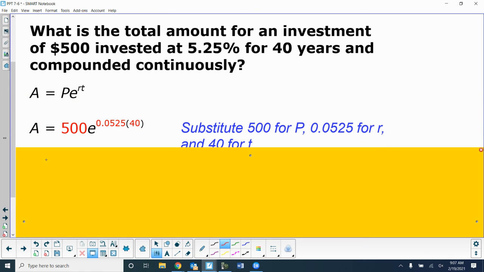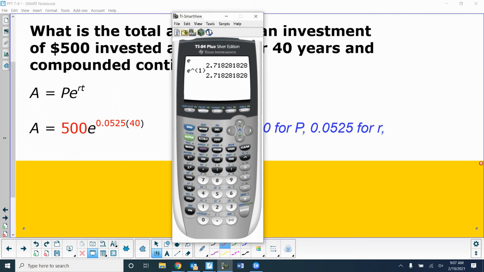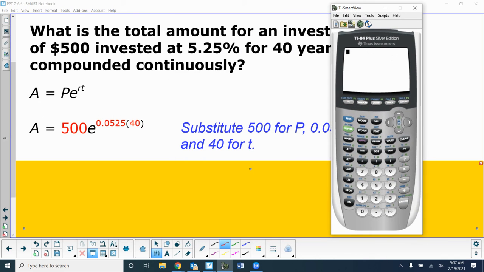Let's move this over here so you guys can see. We're going to go 500, then hit second natural log to get this e caret, because that's an exponent. It puts e caret in there for you. So we put 0.0525, and then you have to put times 40, because those are being multiplied.